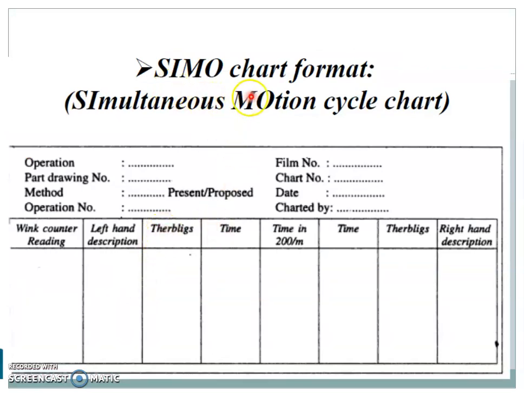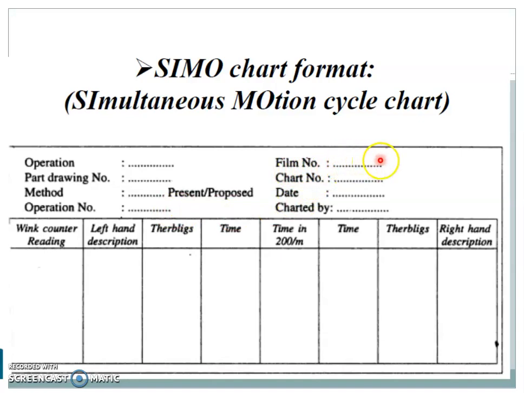Now while preparing the SIMO chart, we have to write what operation is being carried out, then the part or drawing number, then its method, whether it is the present method or proposed method, then the operation number on that component, then the film number.